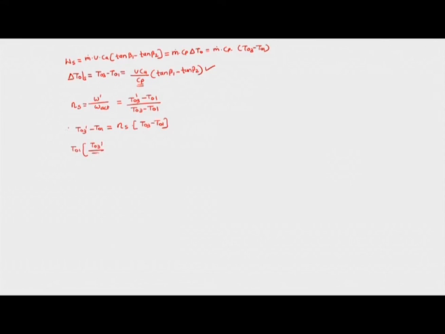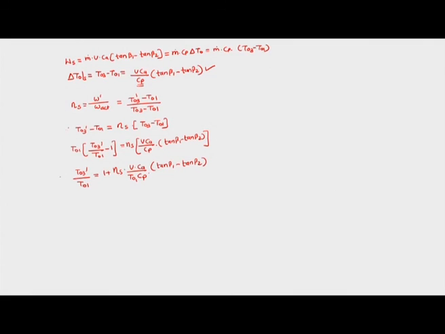From the left hand side we will take T naught 1 common. So we have T naught 3 dash upon T naught 1 minus 1 is equal to stage efficiency into U Ca upon Cp into tan beta 1 minus tan beta 2. So we have T naught 3 dash upon T naught 1 is equal to 1 plus stage efficiency into U Ca upon T naught 1 Cp into tan beta 1 minus tan beta 2.